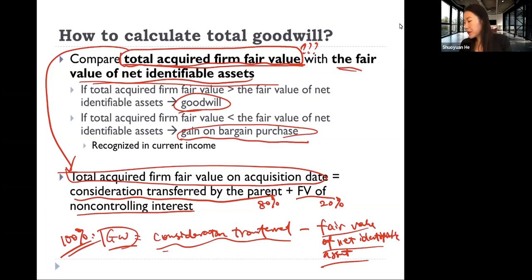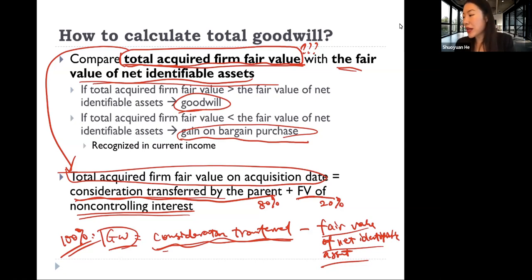So this is when the parent has less than 100% ownership of the subsidiary. What is new here is that, instead of using only the consideration transferred, we need to add the fair value of the non-controlling interest, because the consideration transferred by the parent is only to buy a portion of the sub.